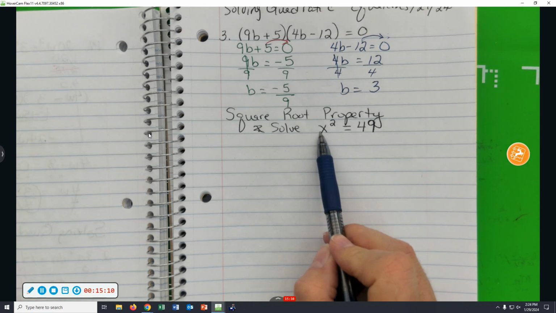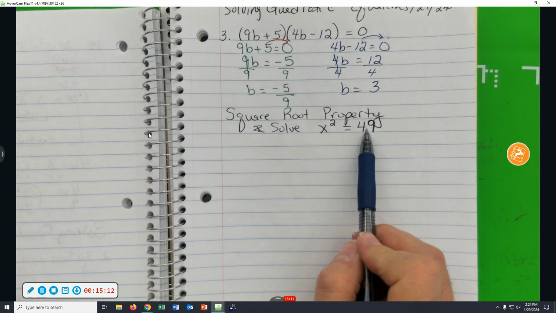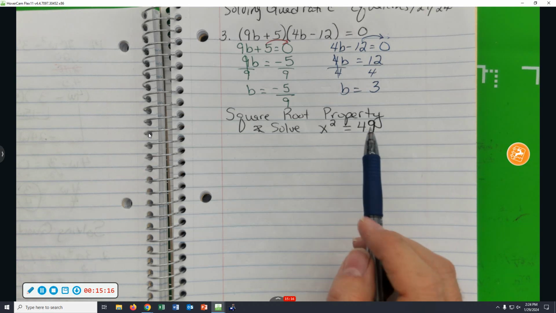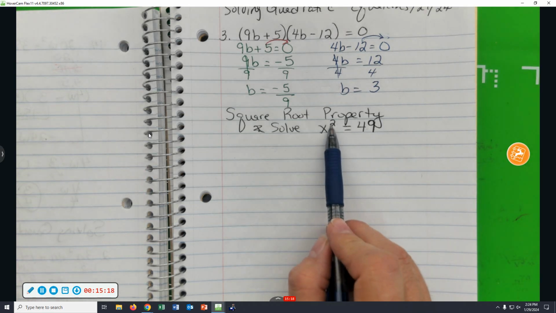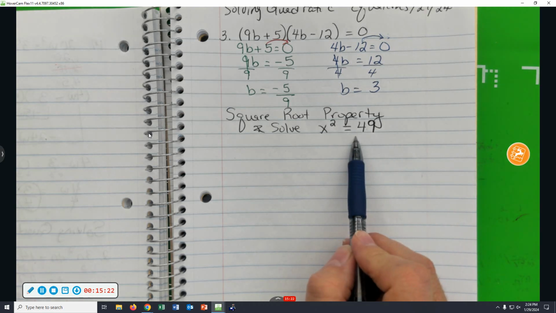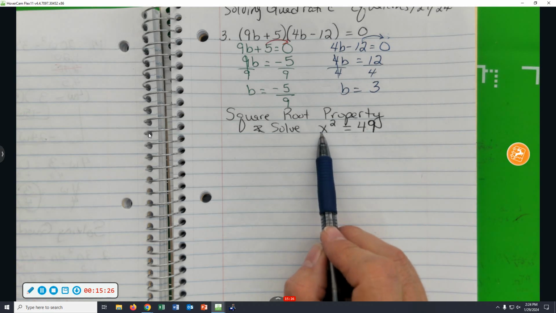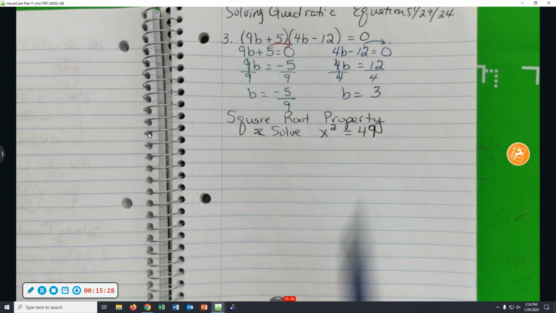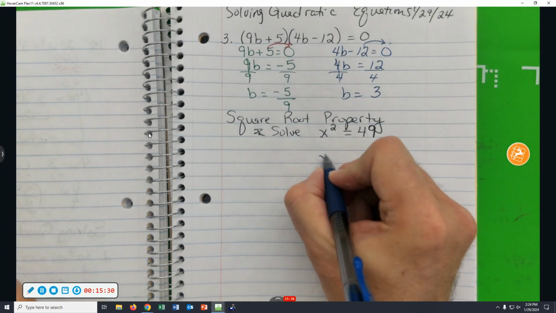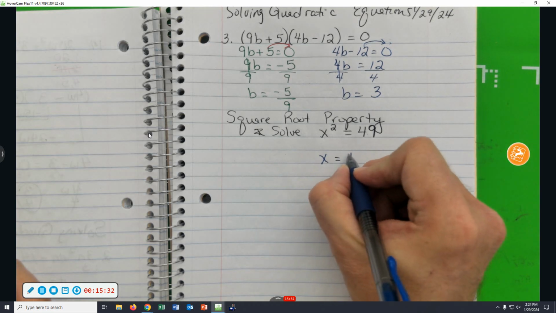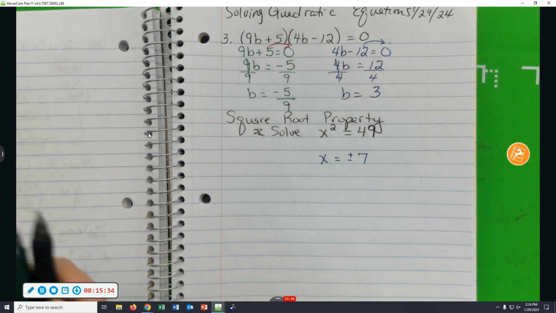What number can you square to get 49? 7. Suppose I told you there's two answers. Since it's a square, you expect two answers. A positive 7 is 1, and what's the other one? Negative 7. Negative 7 times negative 7 would give you 49. So the answer would look like this. X equals plus minus 7.